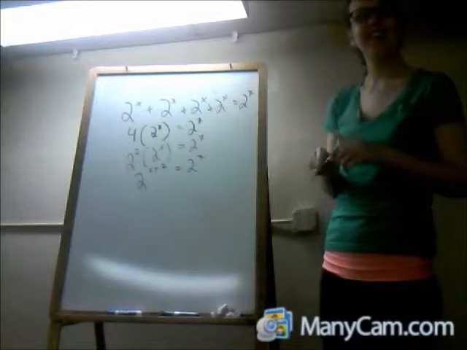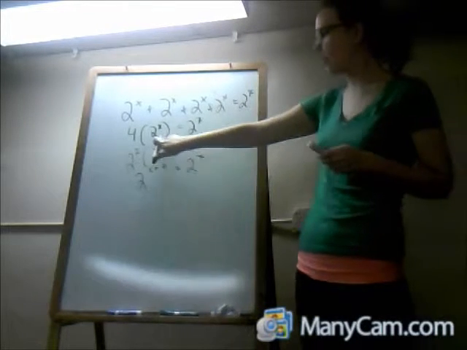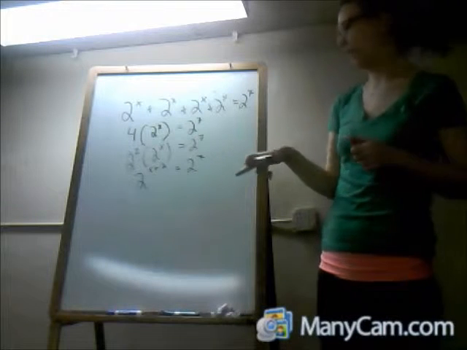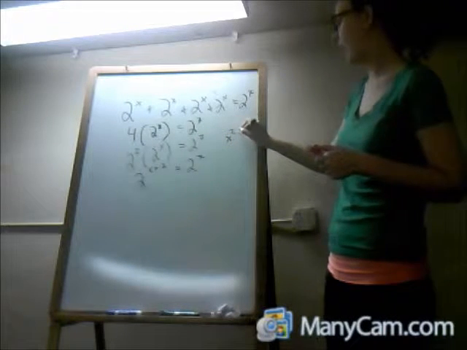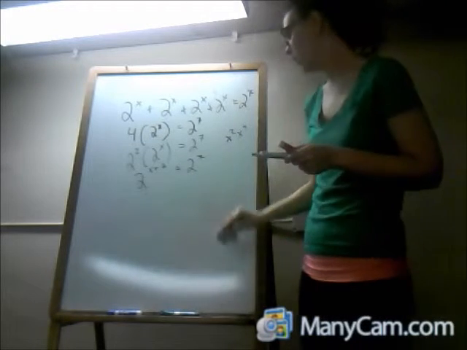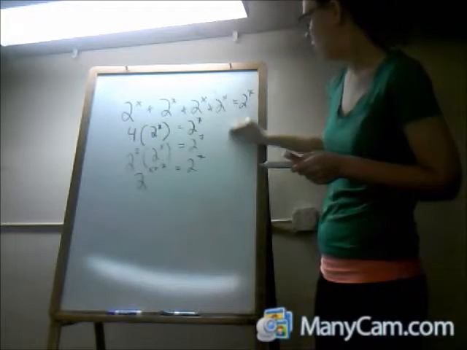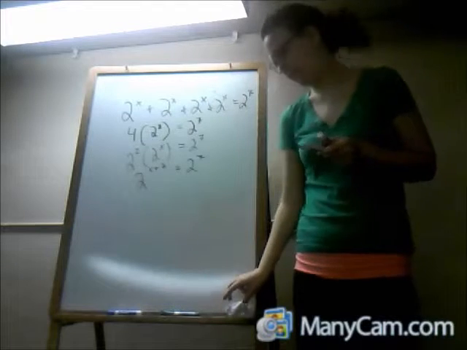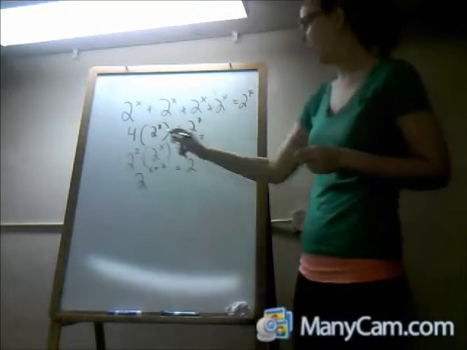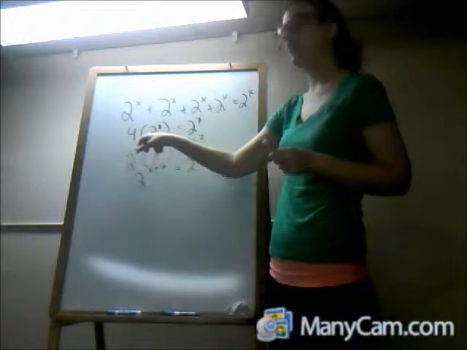How did you get the x plus 2? Because you add the exponents when you multiply something. Wait, then why don't you have 4 plus 2 to the x? Because 4 turns into 2 squared.